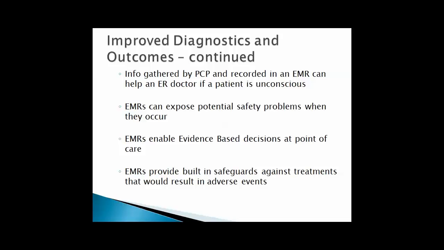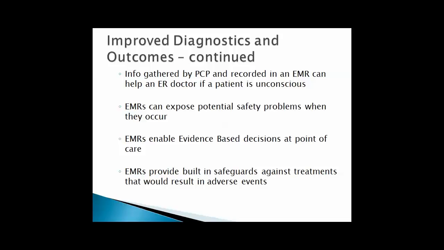Continuing on with the improved diagnostics and outcomes, the information gathered by a primary care physician, or a PCP, and recorded in an EMR can ultimately help an emergency room doctor if a patient arrives unconscious. If there's any identification on that patient, the registrar, the front desk, would be able to pull up the EMR and aid the physician in making clinical decisions, because now they would have a history on that patient.